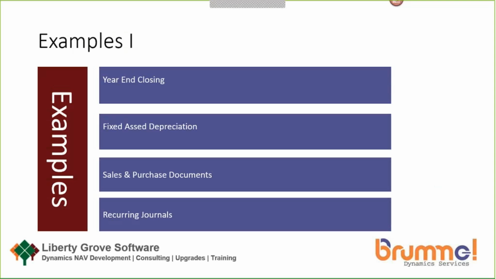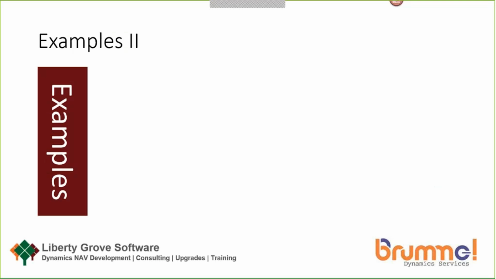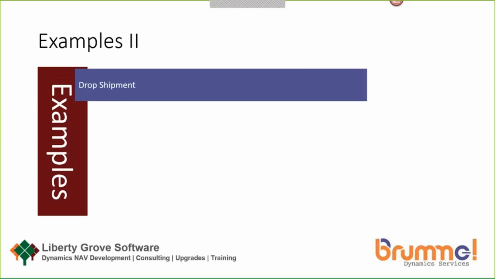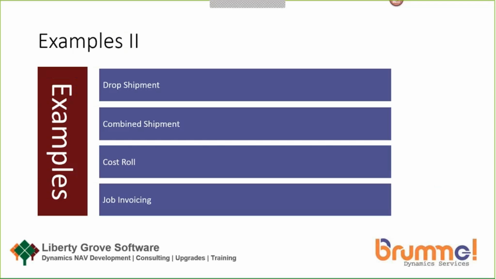All of these are processes in NAV that help us automate our financial processes and in some way or another generate journals behind the scenes and generate the financial information. Processes like drop shipment, combined shipments, cost roll, and job invoicing are some examples of more advanced financial automation.